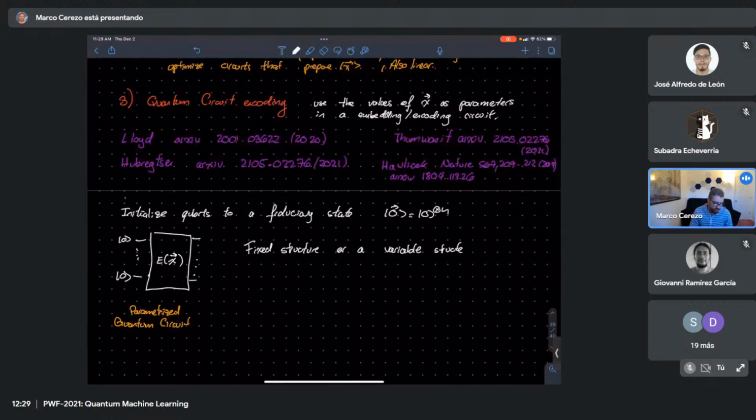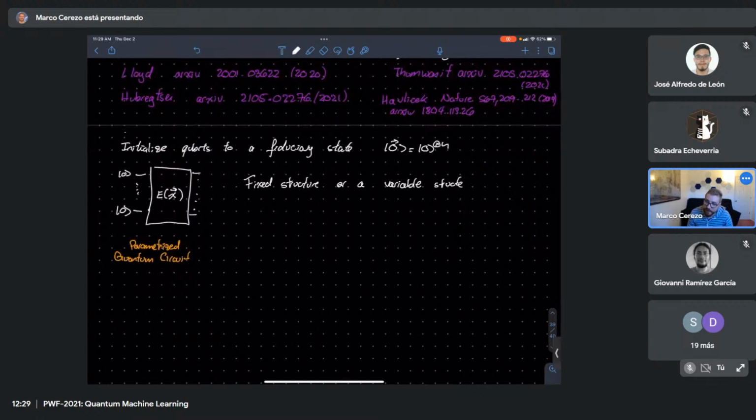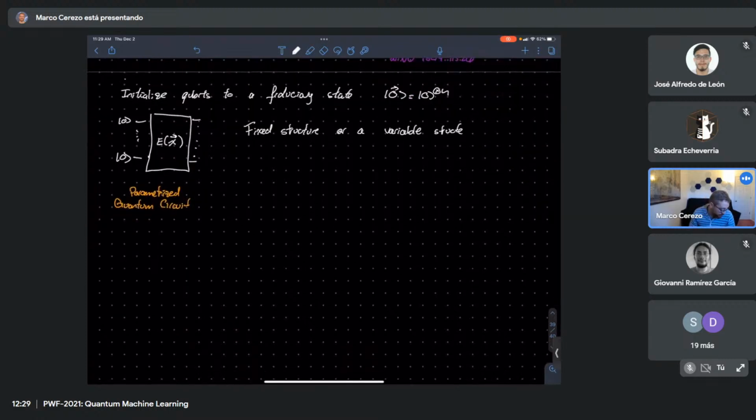So if you want, let's try to be a little bit even more specific and think about how does this actually look like, right? What is an ansatz for this embedding?